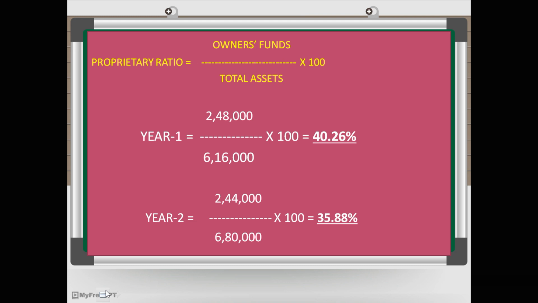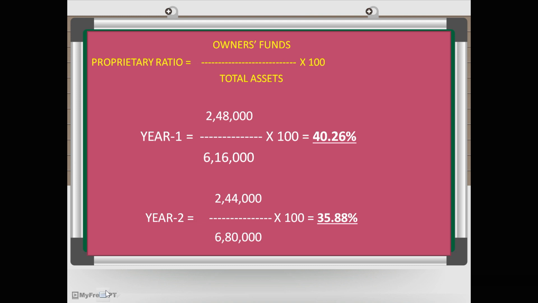And now we have put the figures below. 2,48,000 divided by 6,16,000 into 100, and that gives us the ratio 40.26%.